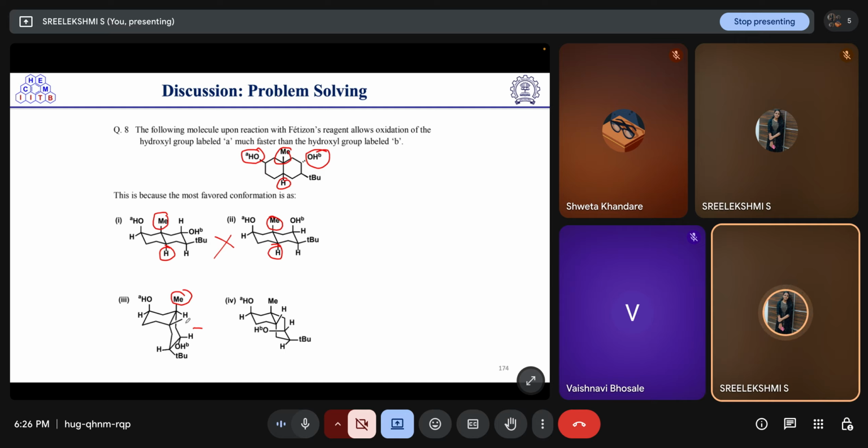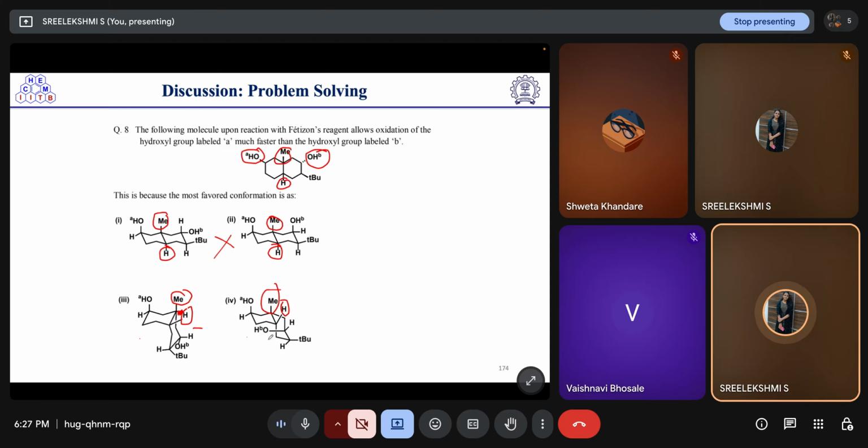I think they have given an extra one, this is a mistake. Then here also this methyl is above and this is above. So this is the same stereochemistry as the starting material, and we have to consider only these two options.